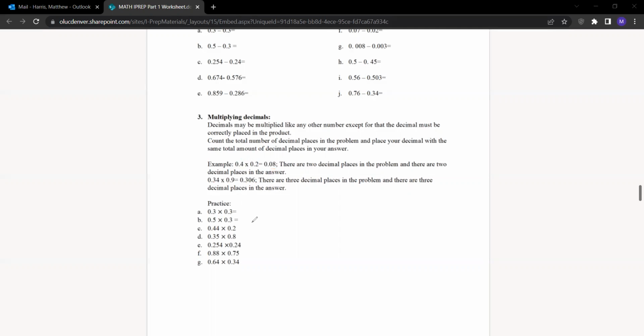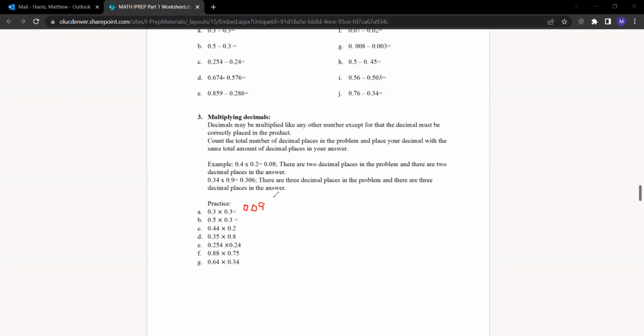So let's go ahead and do this. You can use a calculator if you'd like, or we can definitely draw it out. So 0.3 times 0.3. So you do it like regular multiplication. So you're going to have a 9. But you need 2 decimal places, right? So here you go, 1, 2. You fill in some zeros.